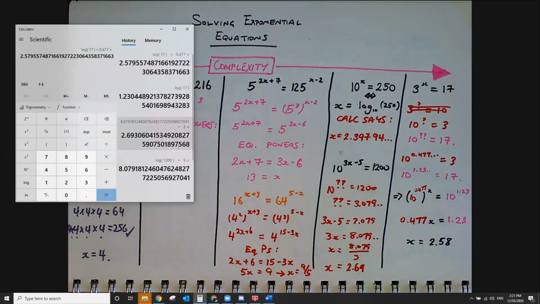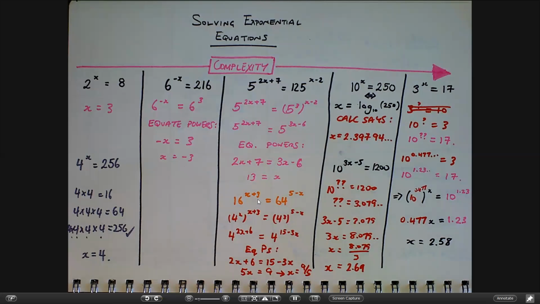Okay, so that's a bit of a mess of algebra, but let me just walk you through the solution strategy that you should be using when you're solving exponential equations. First off, just identify, is this just a straight power? Can I just put my base to a certain power and guess what that is? Can I do this by inspection, is what we call it.